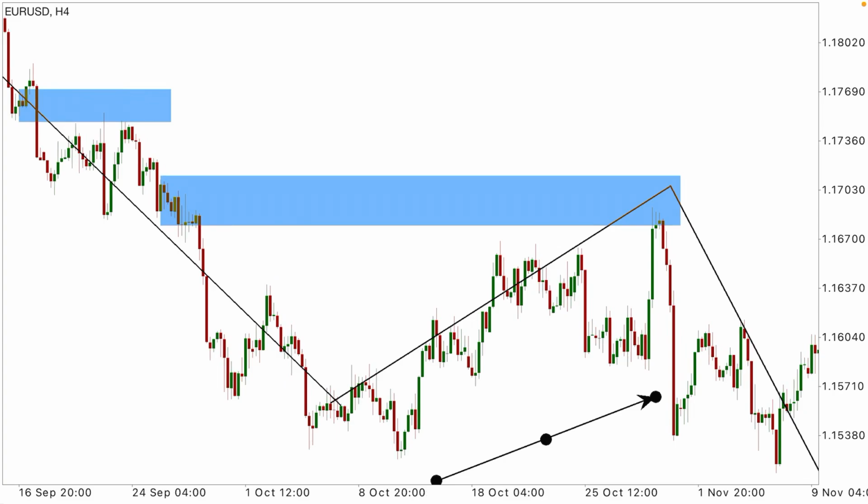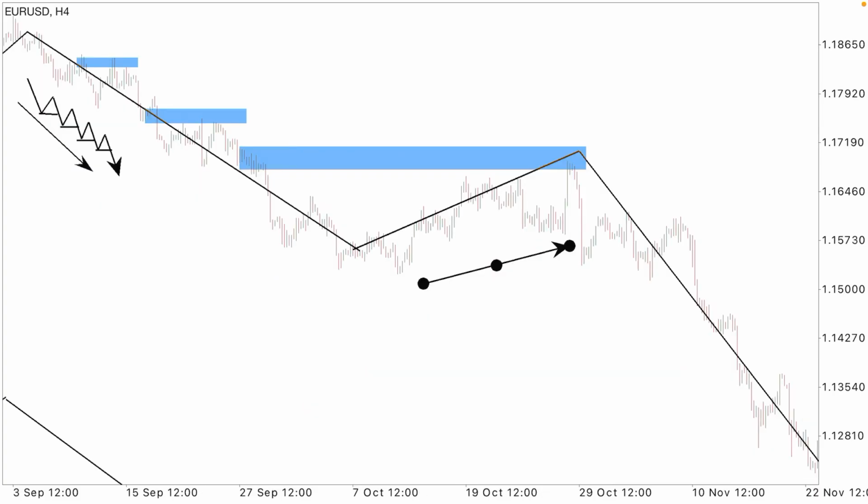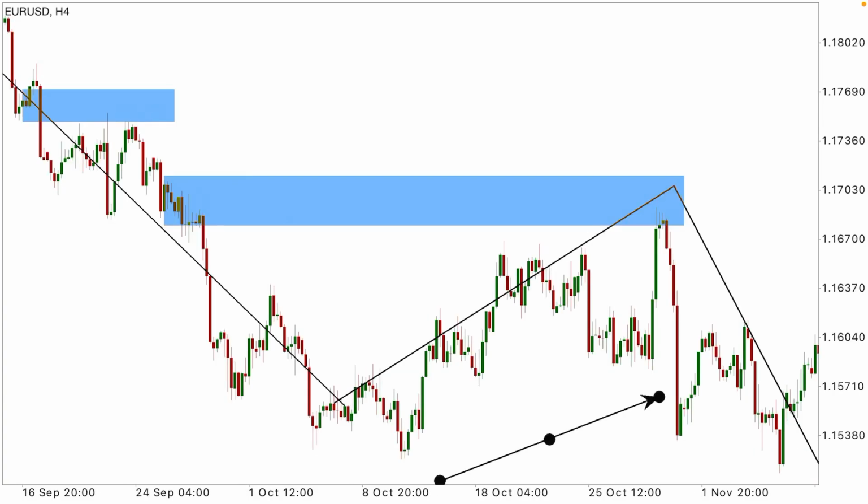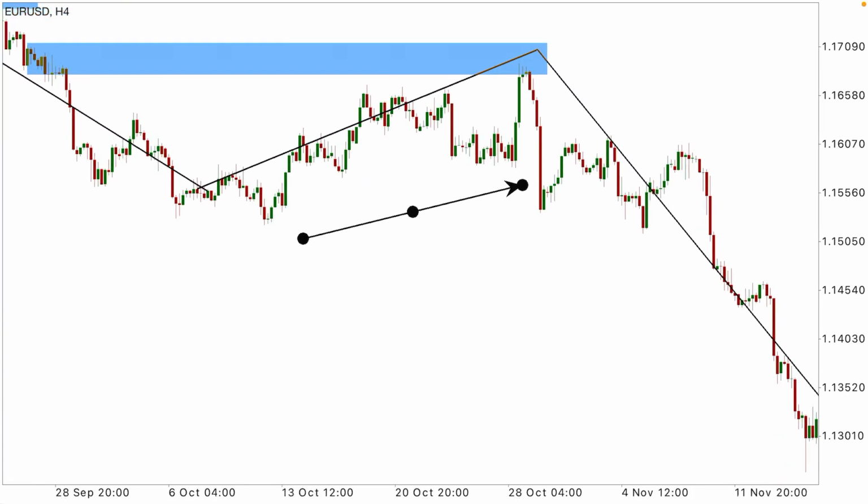Once you have identified those untested zones, you look out for price returning to them. That is where you should be taking your sell trades and your buy trades from. Okay, that is how to trade profitably and how to use demand and supply zones to your favor. All right, that is how to use market structure mitigation to your favor.